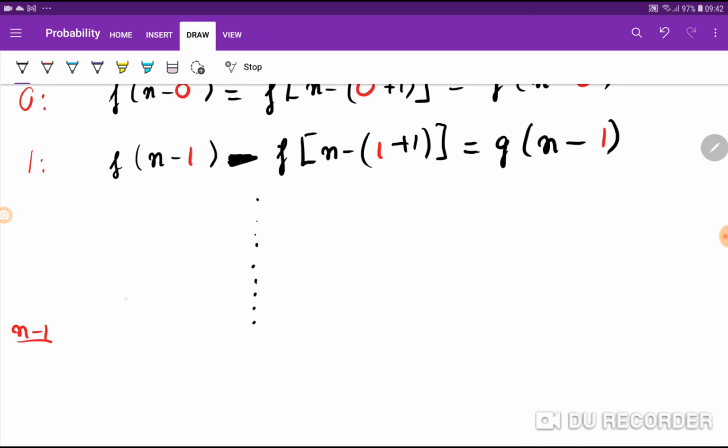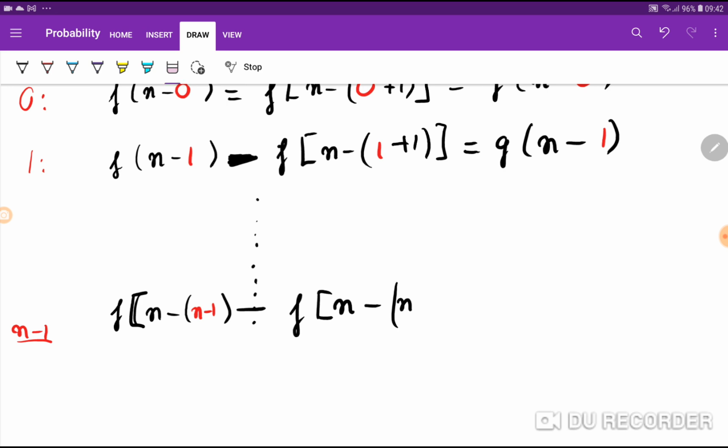Okay, so what do we have? f_n minus f_(n-1), now I'm going to put a bracket, and so on down to f_1 minus f_0.